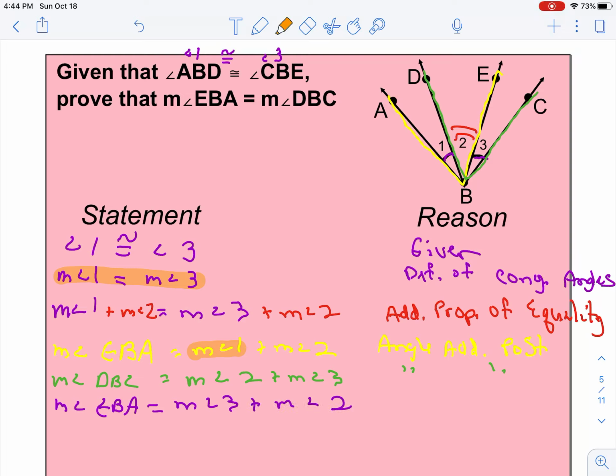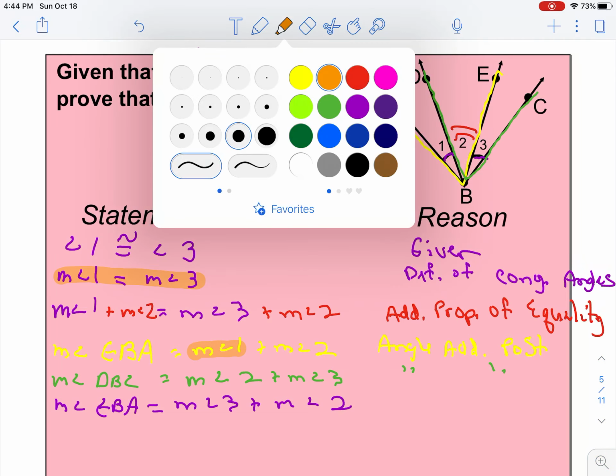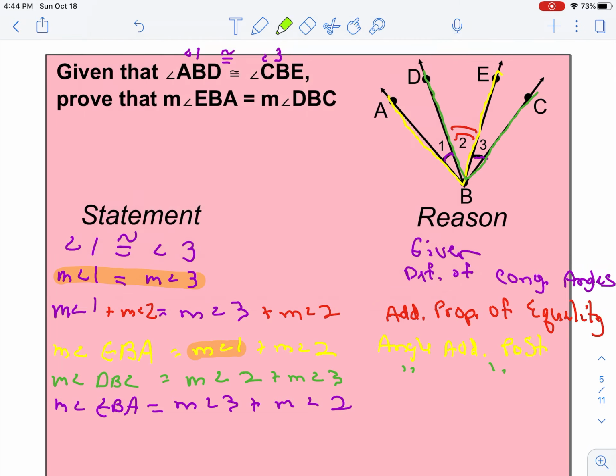And then look at these right here. Look at this and this. They're the same. The measure of angle 2 plus measure of angle 3 is the same as the measure of angle 3 and 2. So that means that these two angles would also be congruent and equal to each other.